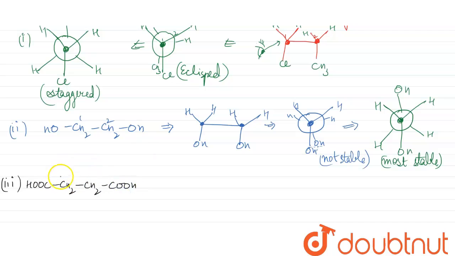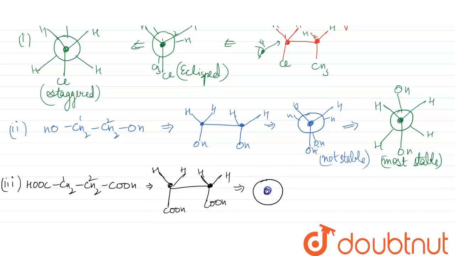Again carbon 1 and carbon 2. I'm counting the main groups only. Fisher projection: both the hydrogens and COOH, both the hydrogens and COOH. Now I'm drawing the Newman projection in the eclipsed form again, and then we will see what conditions we need over here.